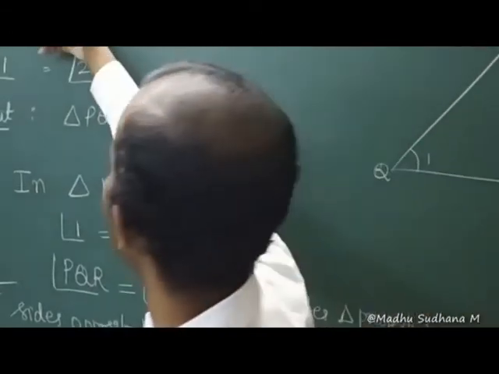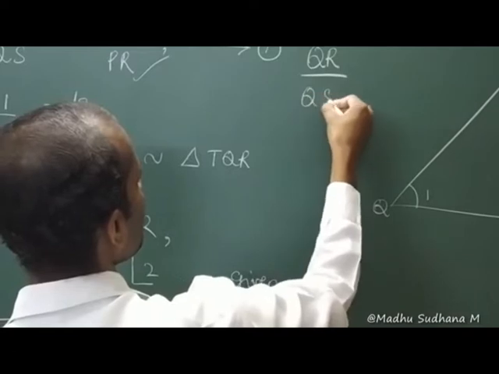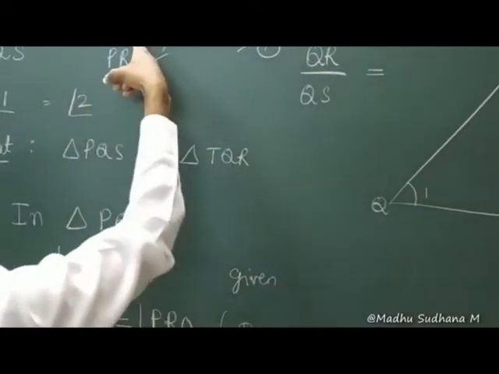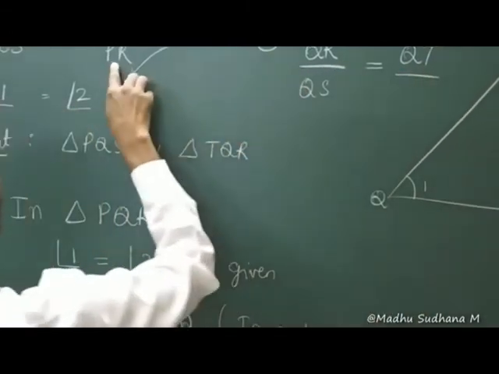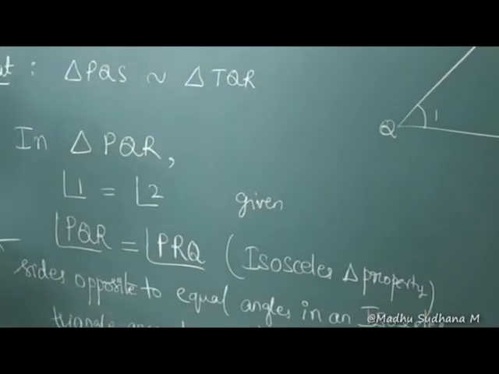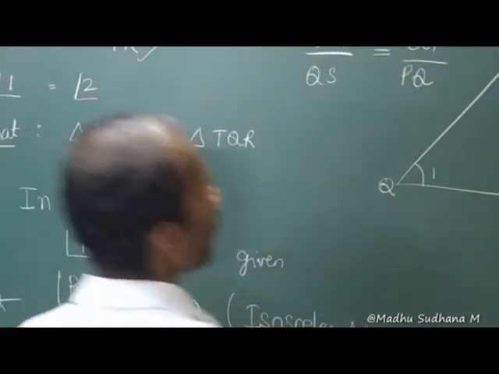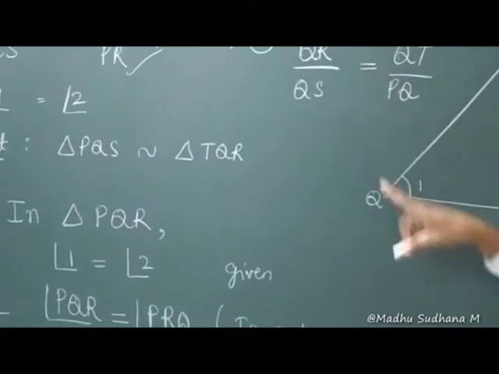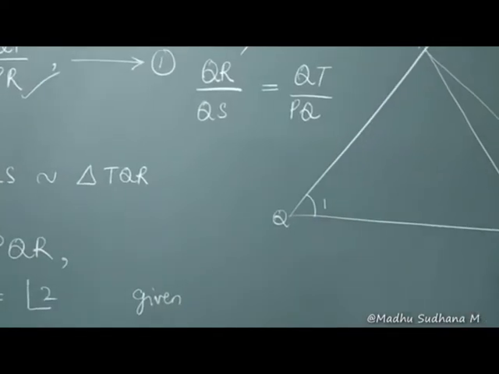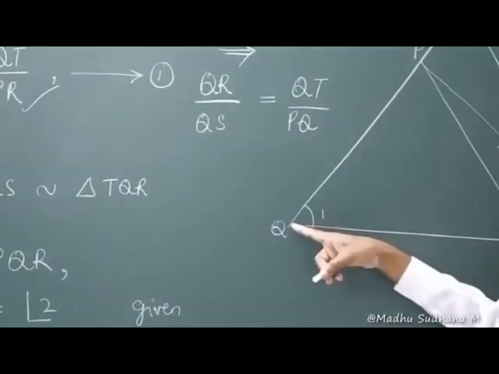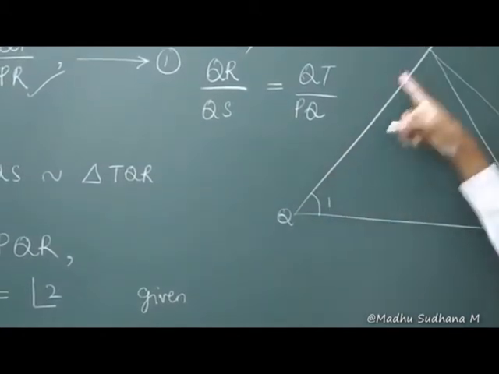So QR by QS is equal to QT divided by PQ. Followed it? So this is my total length QR, QS, then QT by QP or PQ; both are the same.